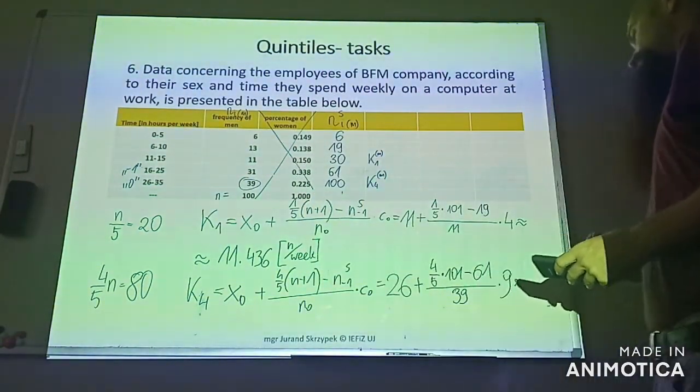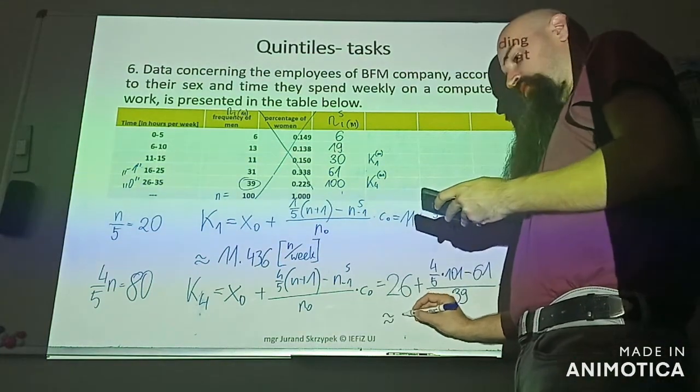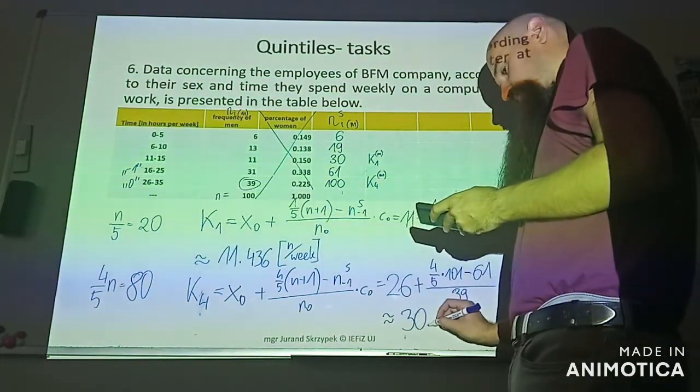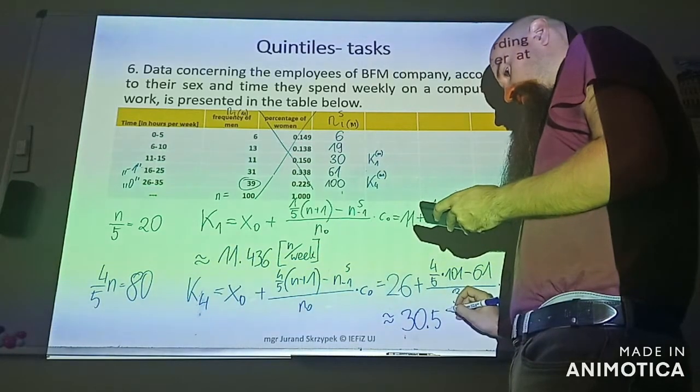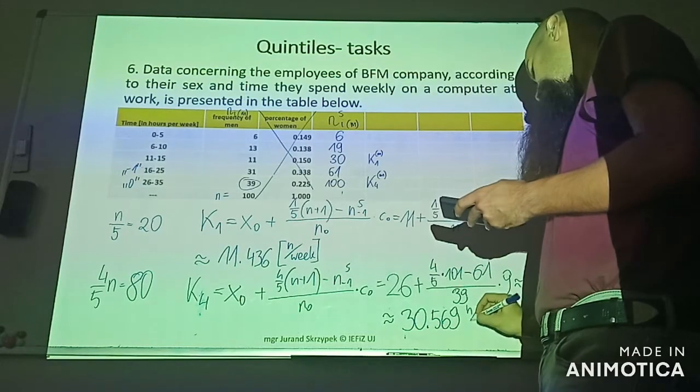And the final result is 101 multiplied by 4/5 minus 61, divided by 39, multiplied by 9, plus 26. The final result is 30.569 hours per week.